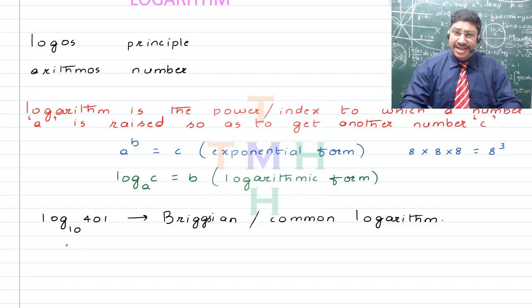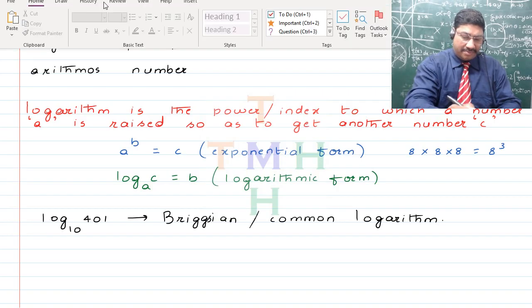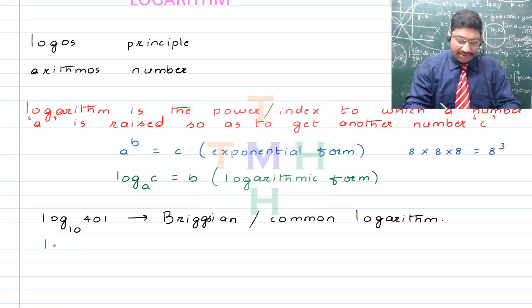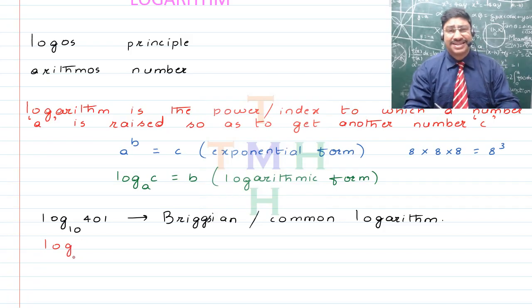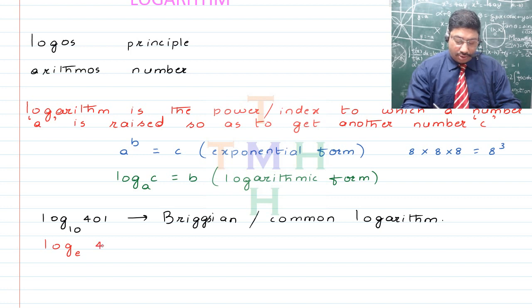Now, if the base is e, that is, if in place of this you now have Euler's constant, that is small e, as the base, then it is known as natural logarithm. So we can have, say, anything like log of 43 upon 2, to the base e.